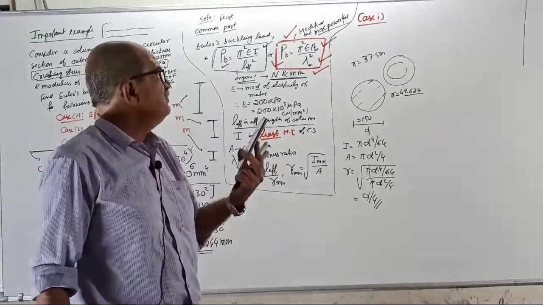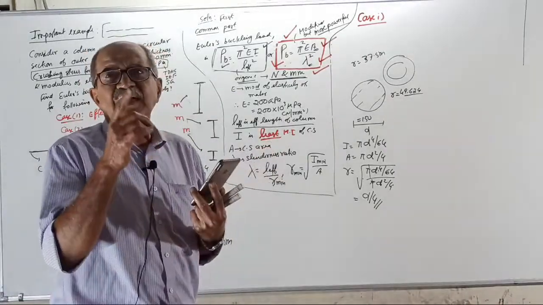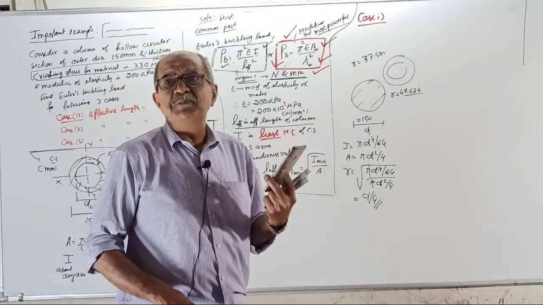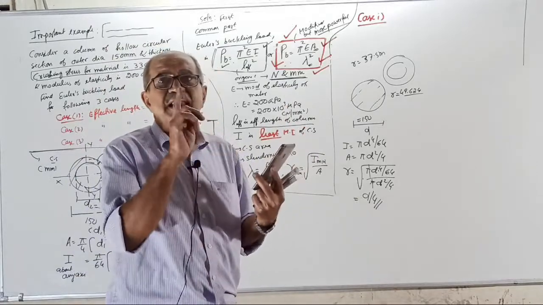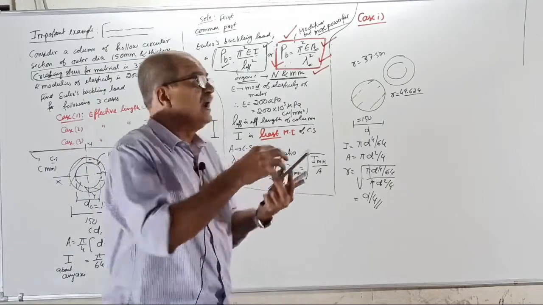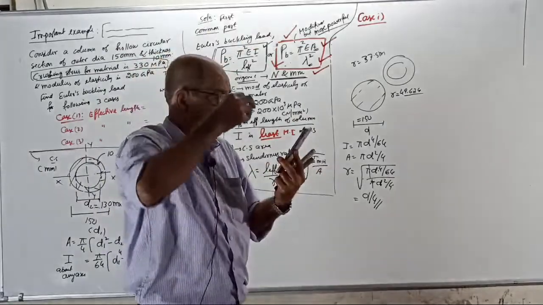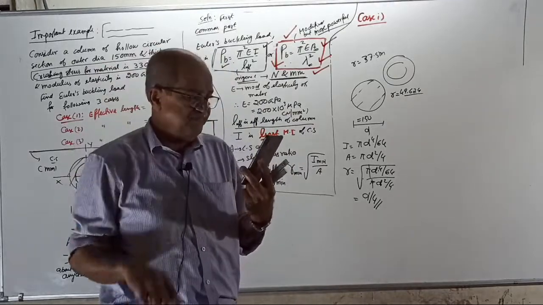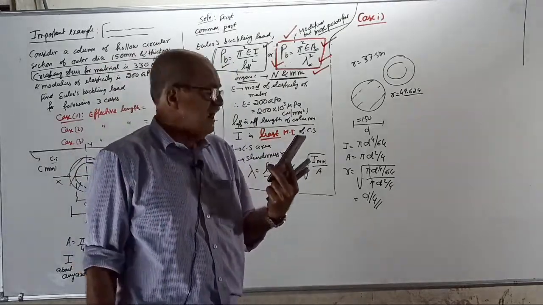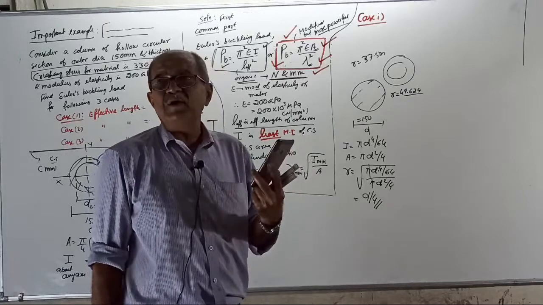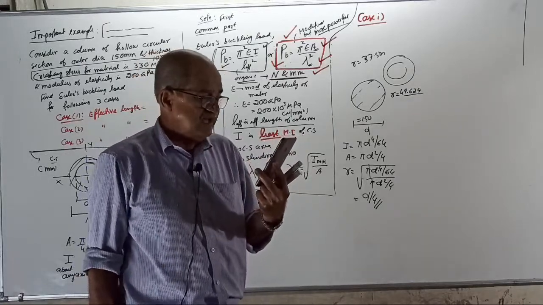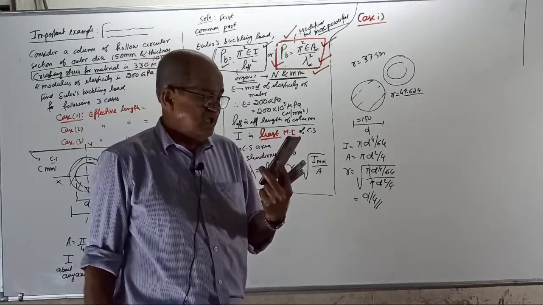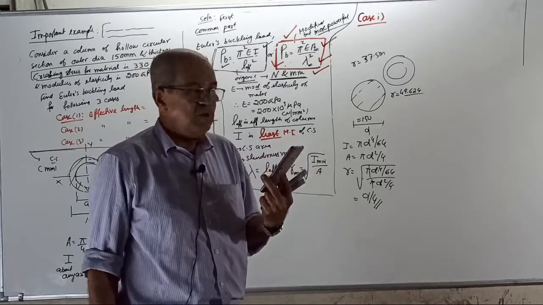It is not simply root of I by A. What is the real meaning of R? If you remember, in the CGMI chapter I told very clearly the concept of R, by shifting the dispersion. I explained it very thoroughly, with a very nice example regarding dispersion.